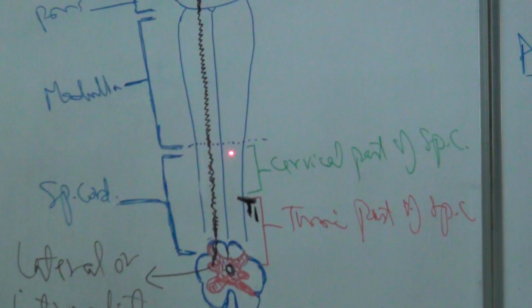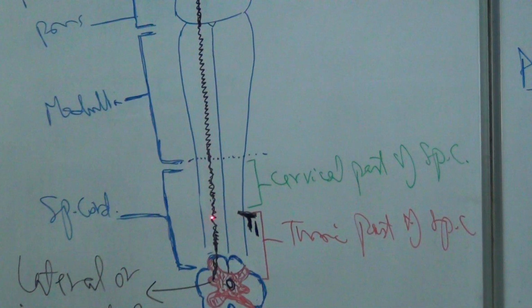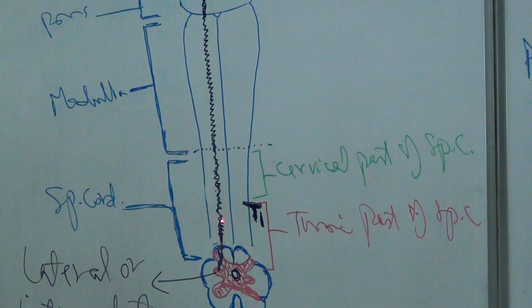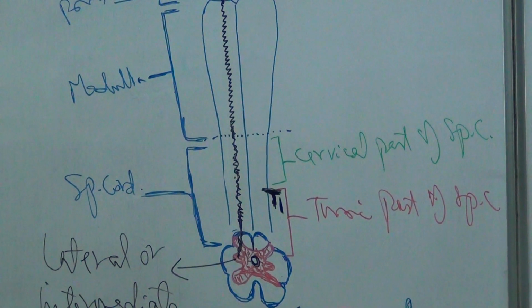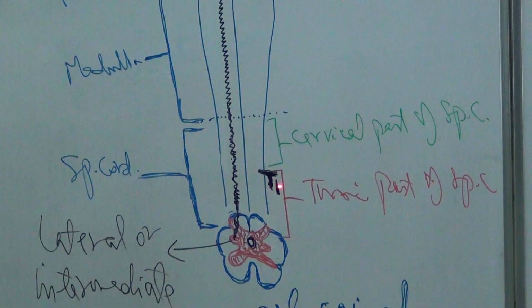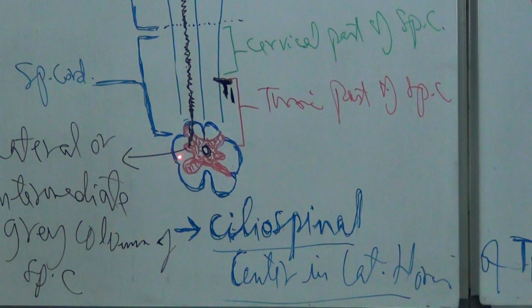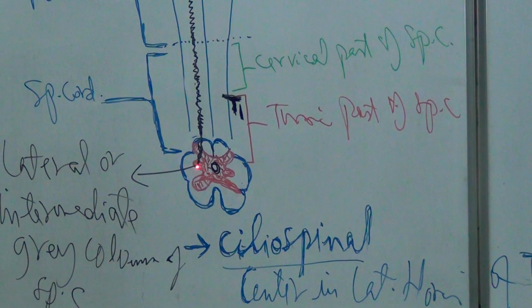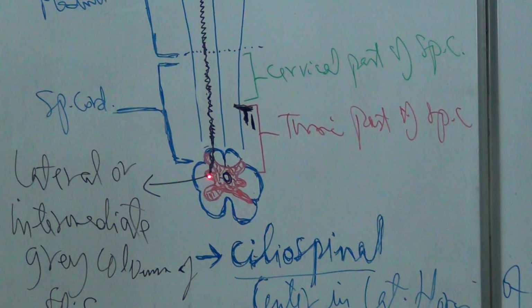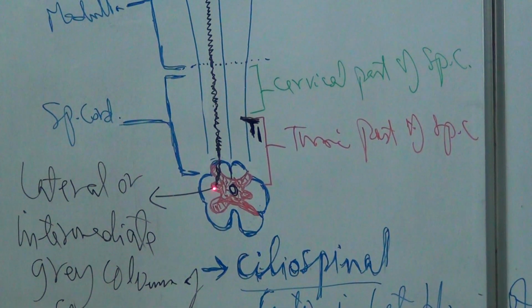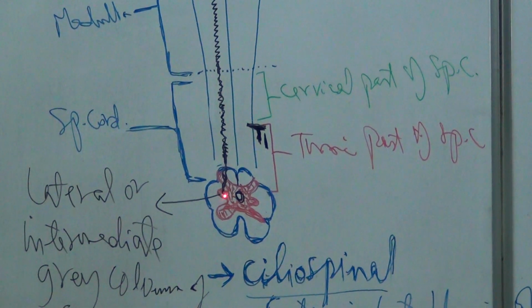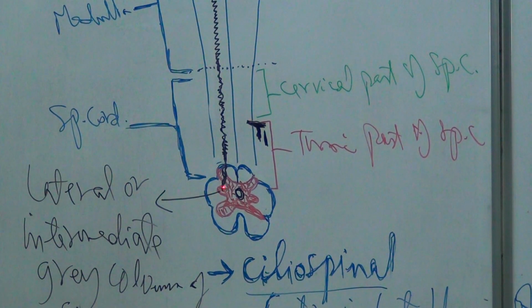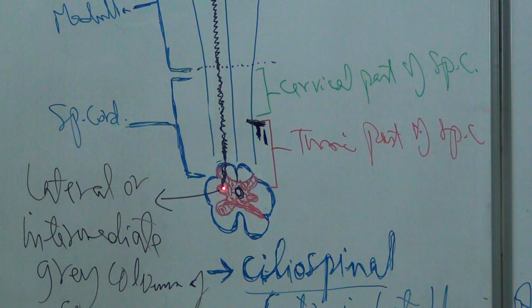It enters the spinal cord and continues to descend through the cervical part of the spinal cord, where the bundle of fibers ends in the ciliospinal center of the T1 spinal segment, which is located in the lateral horn of all thoracic segments. Here I have drawn a section through the T1 segment of the spinal cord. So the lateral and intermediate horn of the T1 segment has a center called the ciliospinal center.